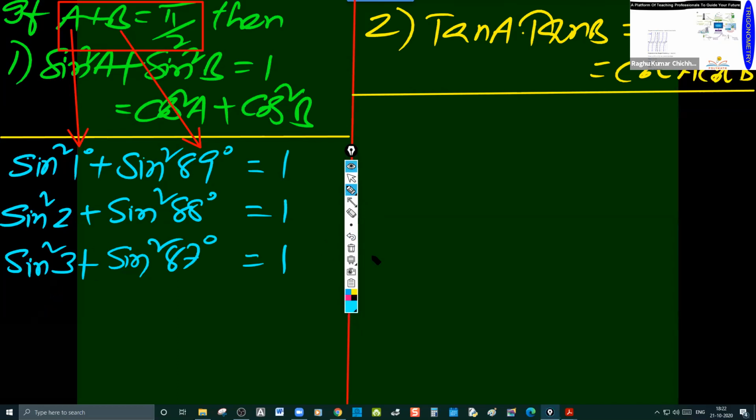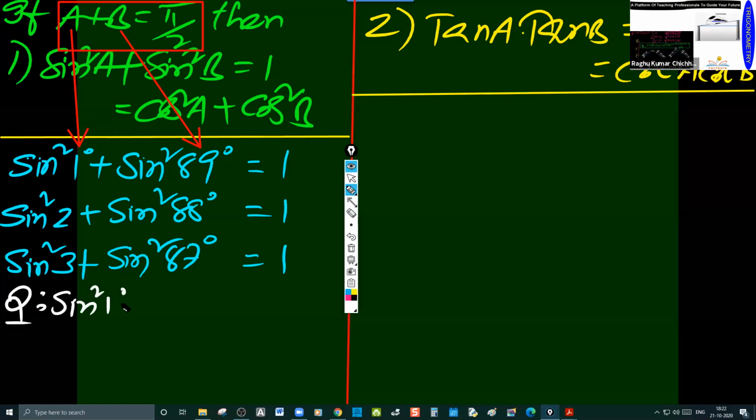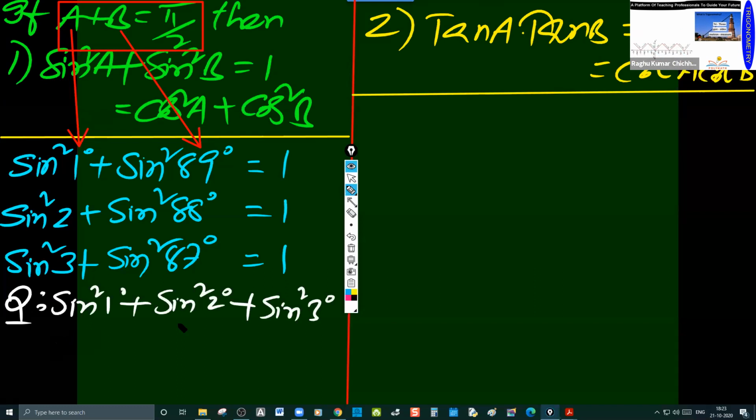Now, any one of you answer my question. Serious. What is that I'm writing? Now, question, please: sine square 1 plus sine square 2 plus sine square 3 plus and so on plus sine square 88 plus sine square 89 degrees.